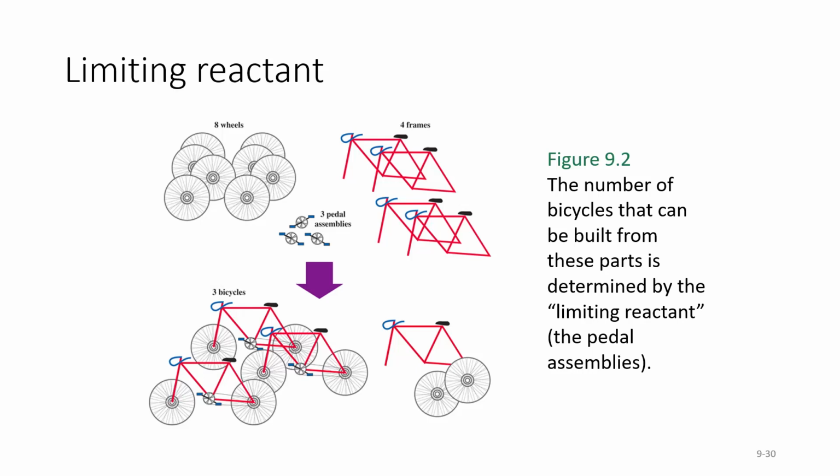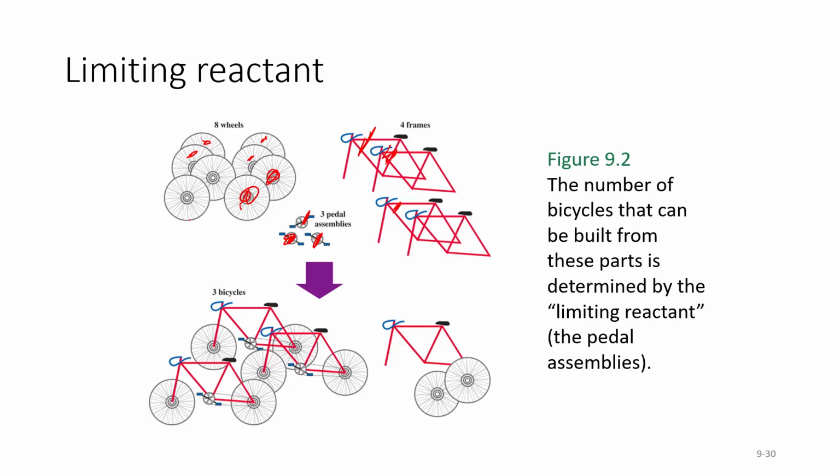So each bike needs 2 wheels, a frame, and a pedal assembly. 2 wheels, a frame, and a pedal assembly. 2 wheels, a frame, and a pedal assembly.